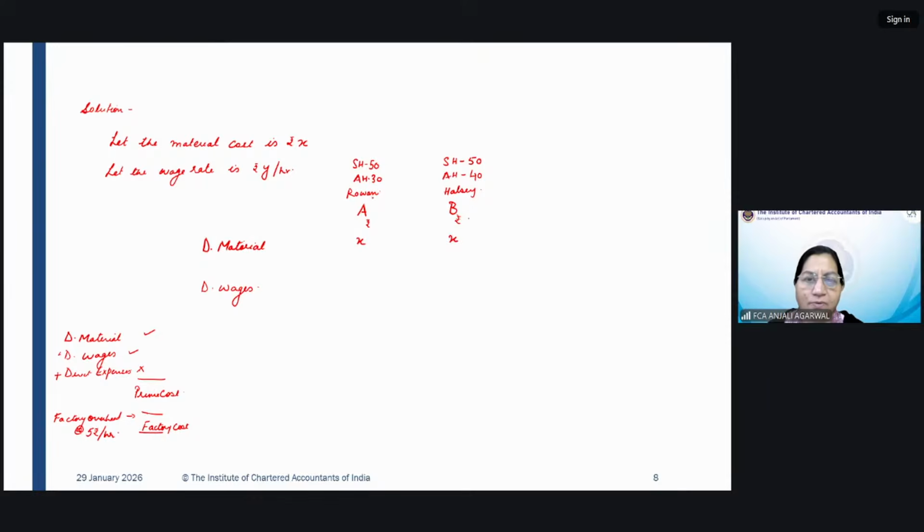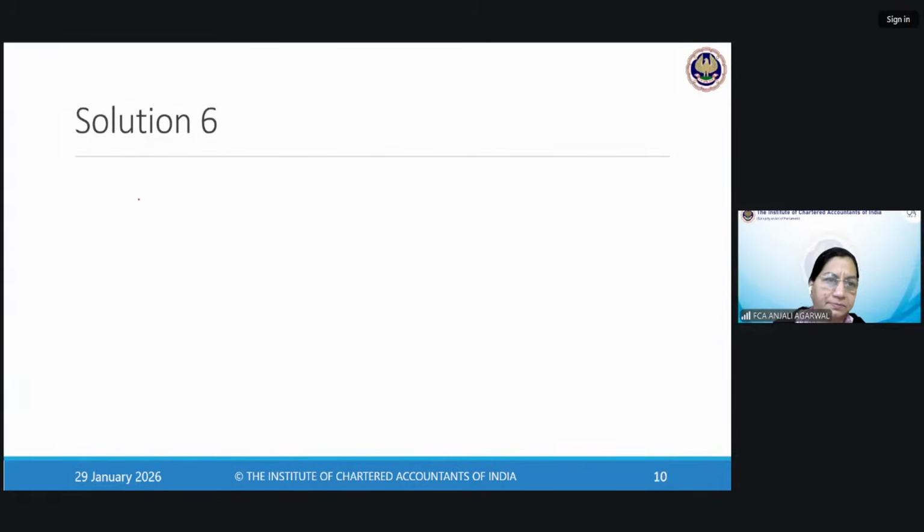So if we don't know the wage rate, we have assumed it to be Y. If a person is under the Rowan scheme, what will be his actual wages if he has taken 30 hours? 30 hours at the rate of Y rupees per hour, time saved 50 minus 30, 20 hours, and the person is under the Rowan scheme.